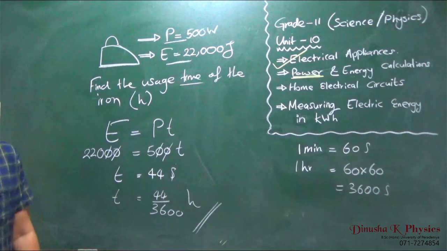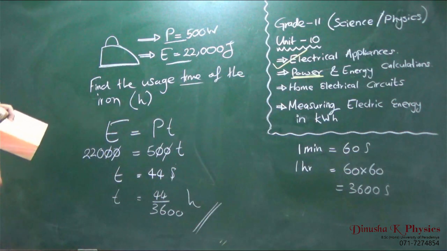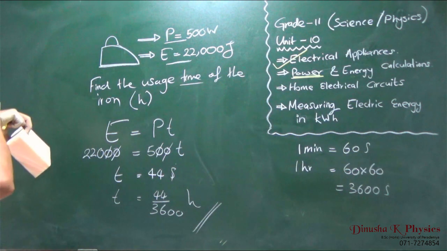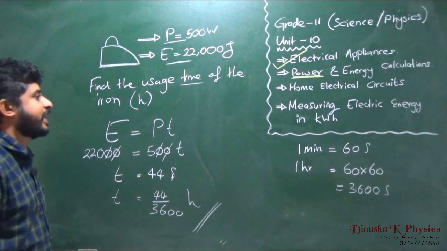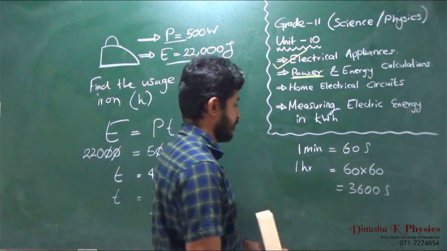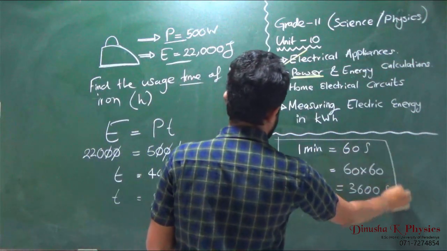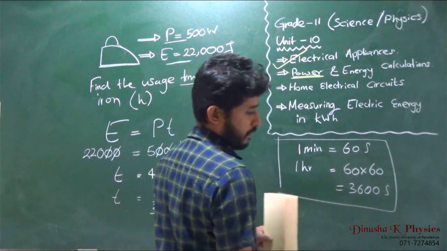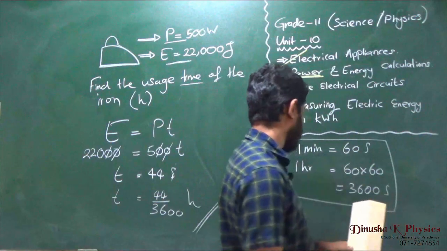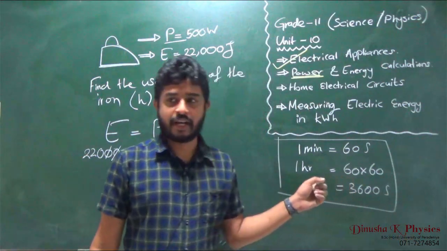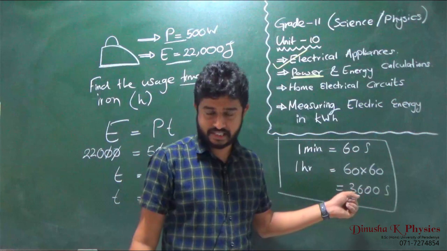So these are some calculations of energy in an electrical application. Okay, so if you don't know this relationship, better write this down also. When you convert hours to seconds, you have to multiply by 3600.